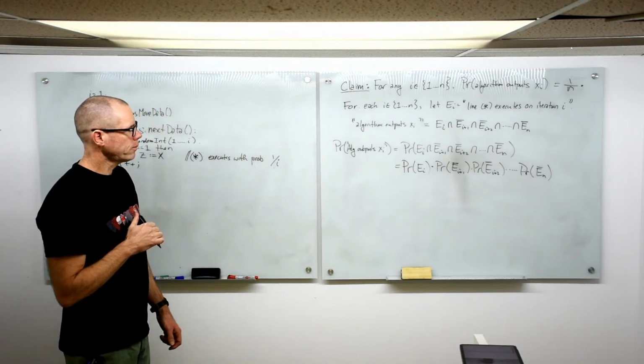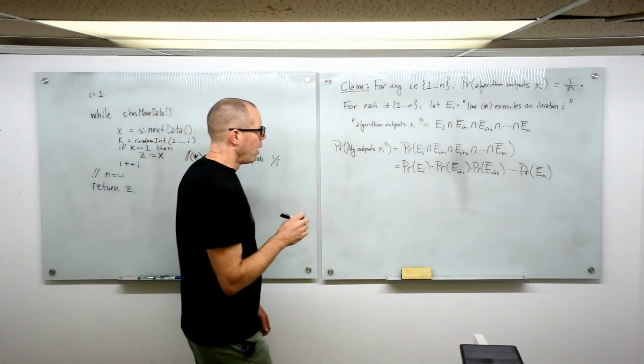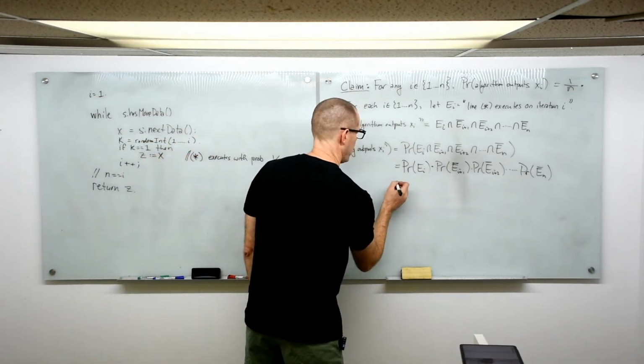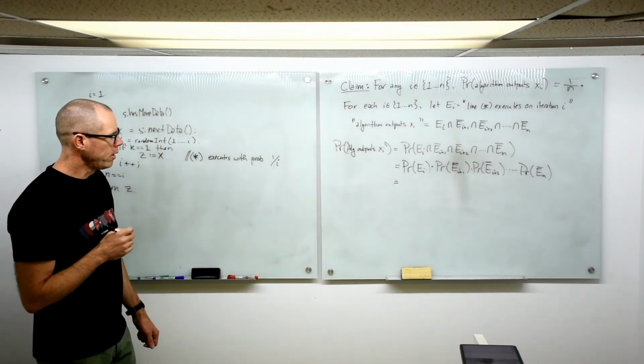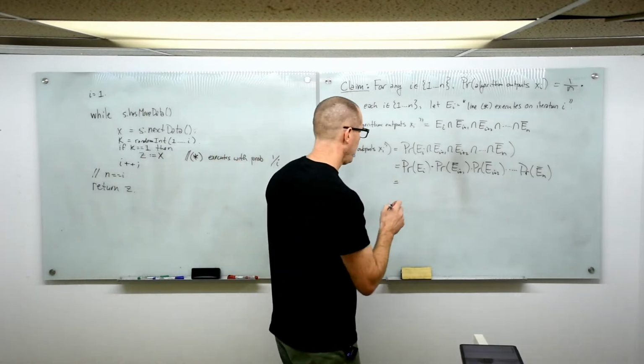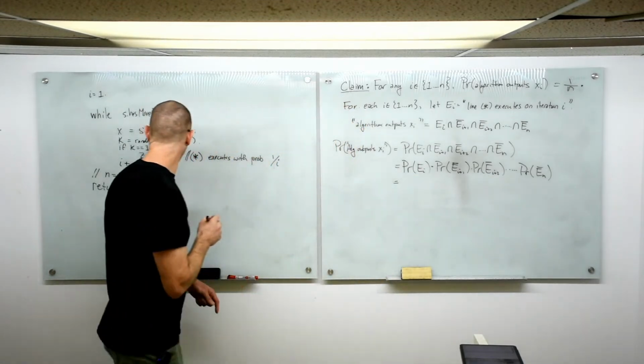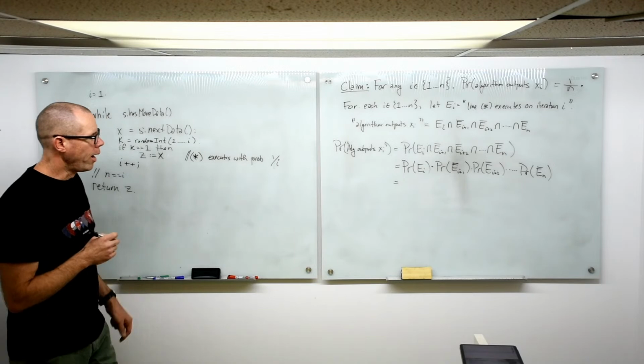Let's chug through this. What's the probability of Ei? We decided already that it is 1 over i.